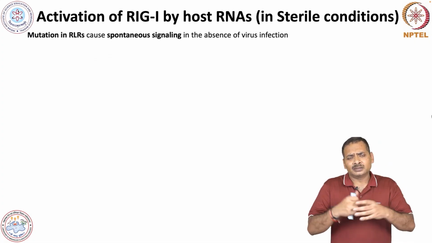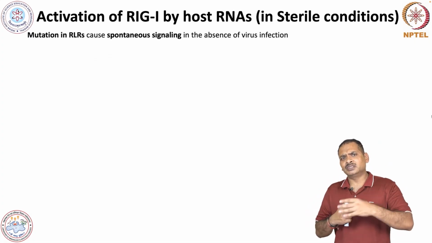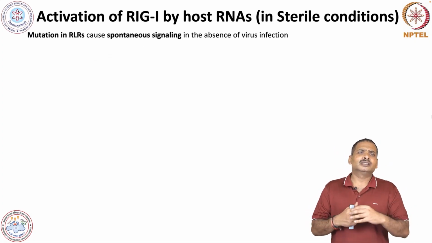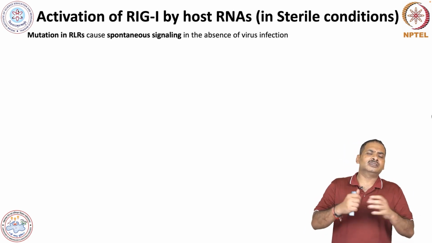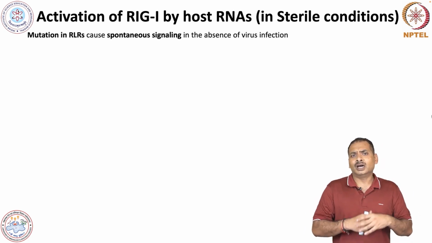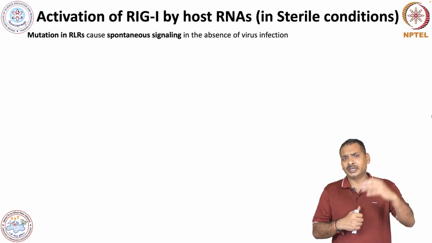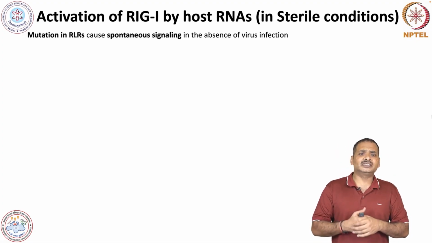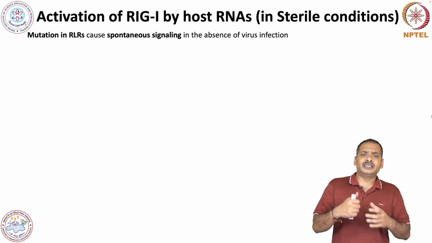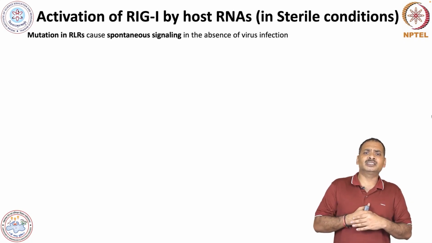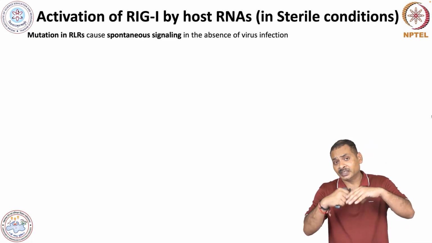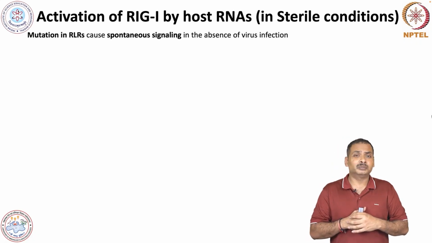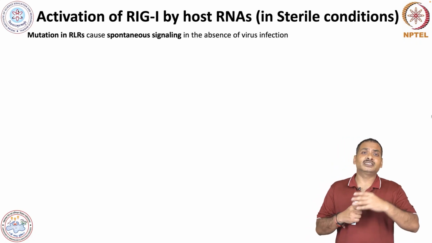In the previous slide you have seen that there is some disturbance in cellular RNA homeostasis by virus infection. Now there is also evidence that RIG-I can get activated by itself, without any perturbation, meaning without any virus infection.